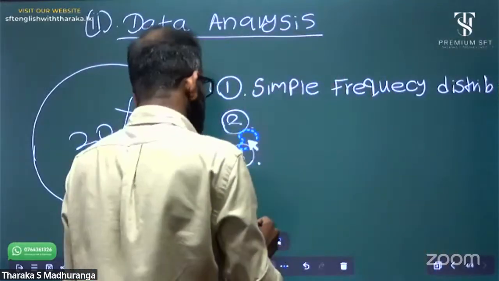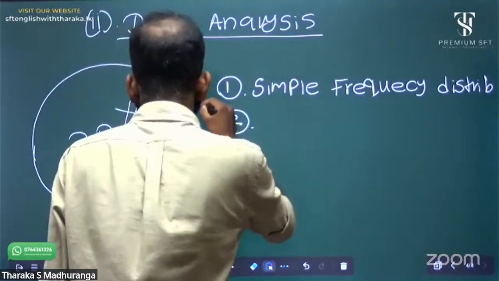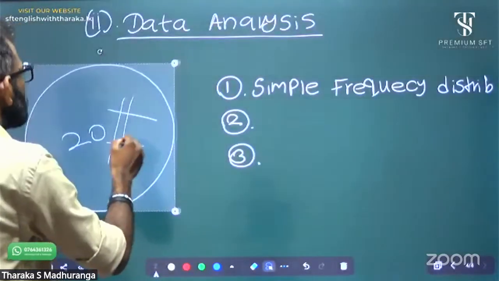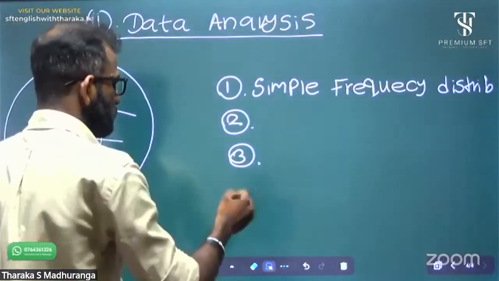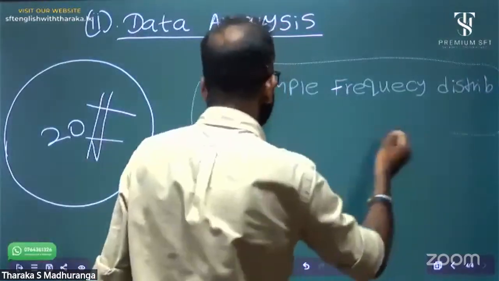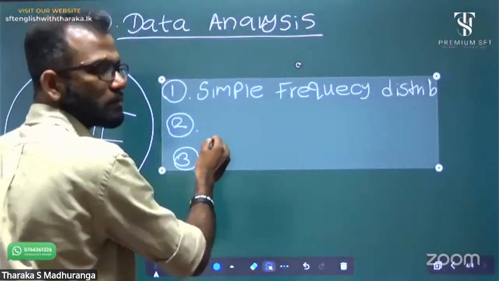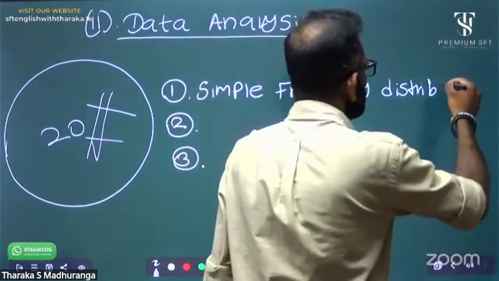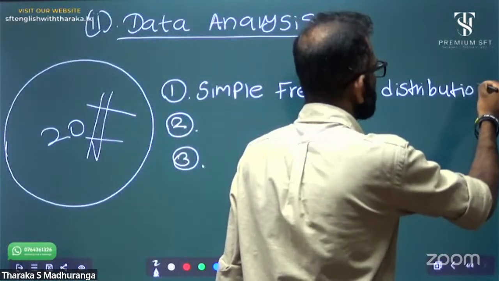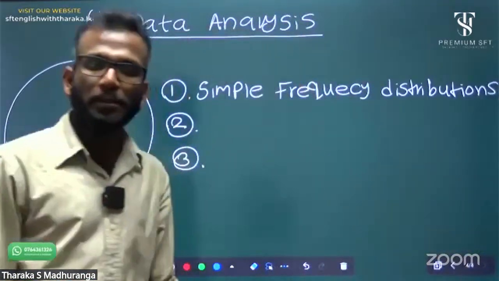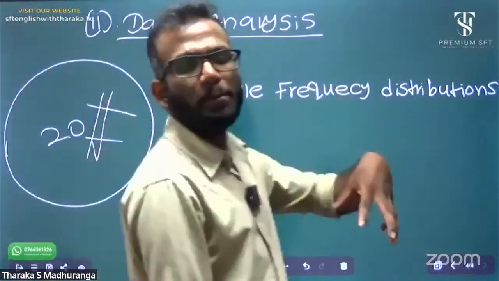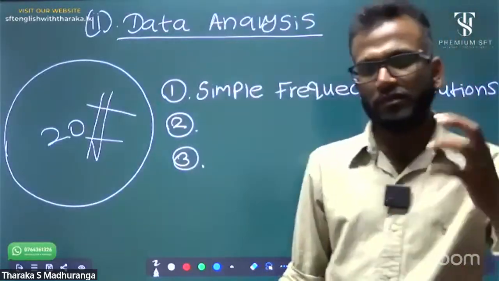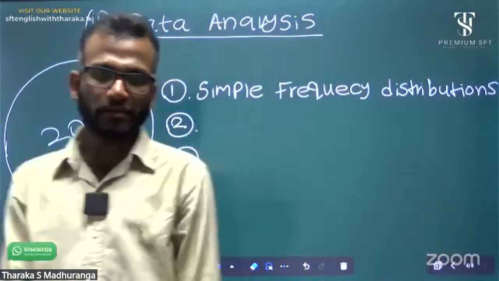That's simple, when the number of data is very low, less than 20.